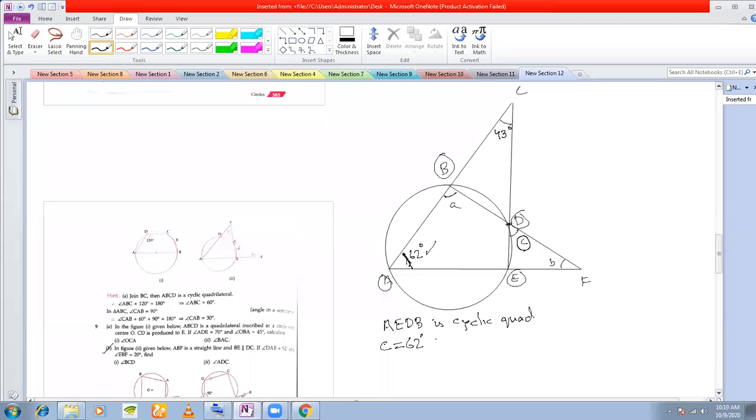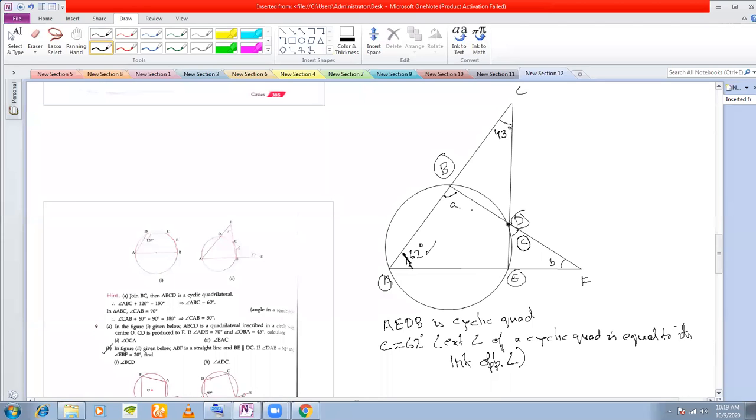So C is equal to 62 degree because the exterior angle of a cyclic quadrilateral is equal to its interior opposite angle.